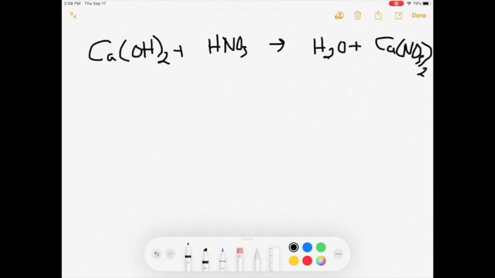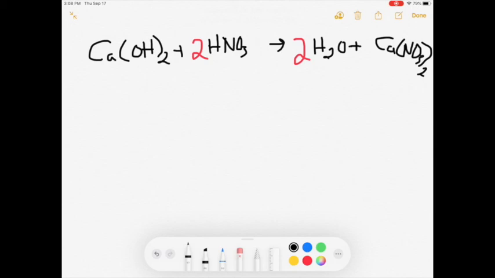So we have to balance. We have 2 nitrates on the product side, so I need 2 nitrates on the reactant side now. We have 4 hydrogen on the reactant side, so I need 4 hydrogen on the product side, and that is it.